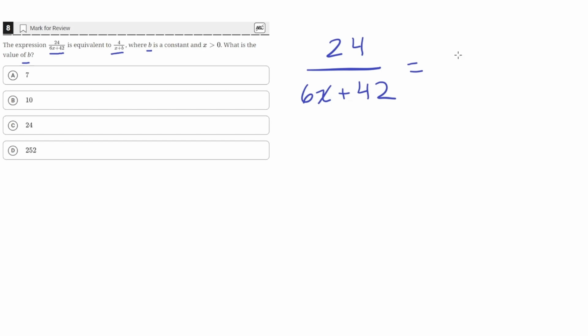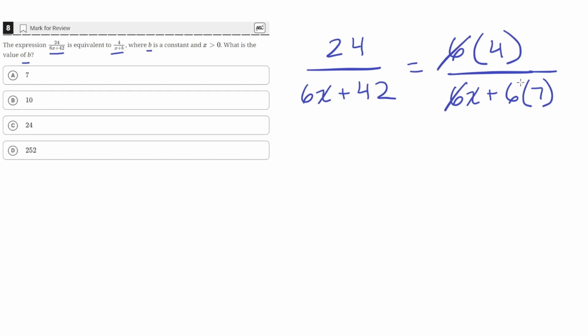We can simplify this to 6 times 4 over 6x plus 6 times 7. So we see here that the number 6 is common to all of these terms, so we can just cancel out 6 from all of it. And we're left with 4 over x plus 7. This is the same as this expression here, except we can see that b is actually 7 now. So the value of b is 7, A.